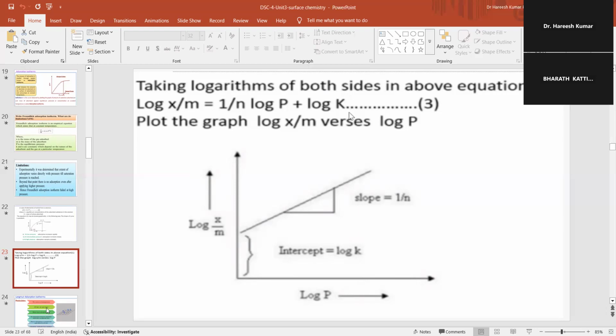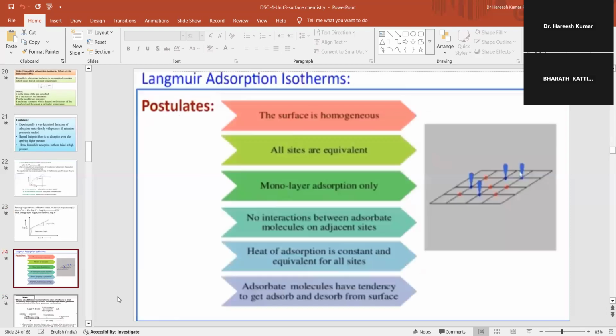Then let's look into one more theory, called the Langmuir adsorption isotherm. Here, the postulates: the surface is homogeneous, so uniform. Then all the sites are equivalent, meaning all the active sites are equivalent. It's an assumption by Langmuir.